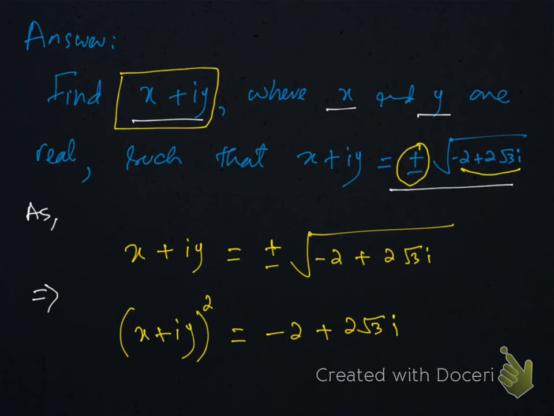We first will work on x plus iy. So x plus iy is equal to plus minus the root of minus 2 plus 2 root 3i. Therefore, on squaring both sides, we have x plus iy whole square is minus 2 plus 2 root 3i.